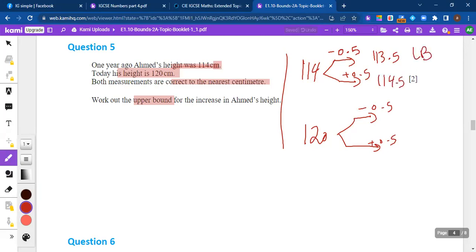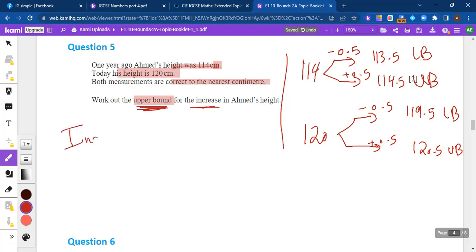Here the lower, here the upper. 119.5 the lower, 120.5 the upper. The question now, how to get the upper bound in subtraction? We minus 120.5 minus 114.5. No, 120.5, the upper, minus the lower.